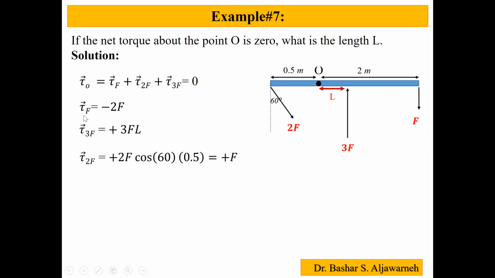Okay, so we have the torque from F, torque from 3F, and torque from 2F. Now, take all of them and go back to this main equation: minus 2F plus 3FL plus F. You will find L equals 1/3 meter. So it doesn't matter if the force here is unknown, because in the end F with F cancel out.